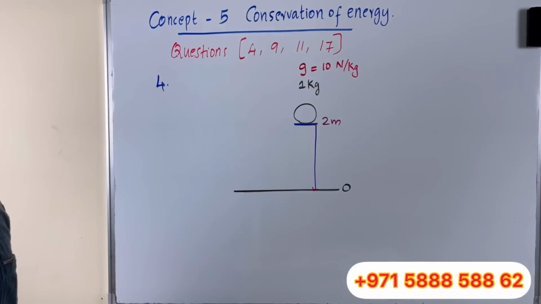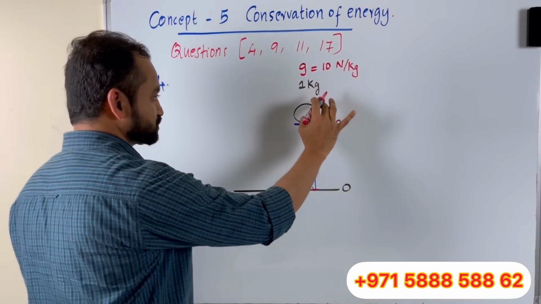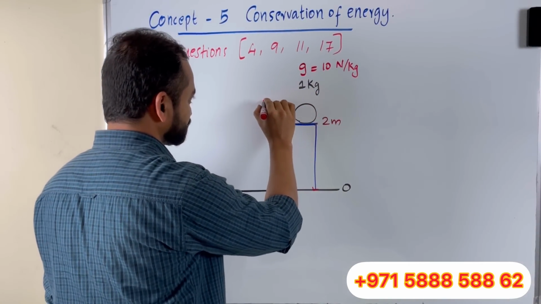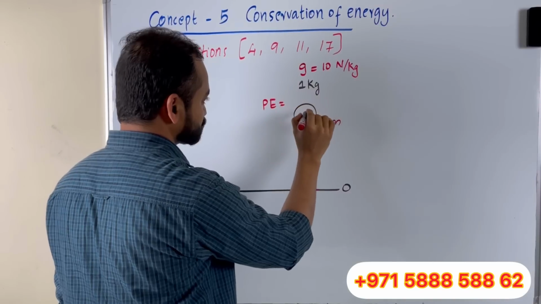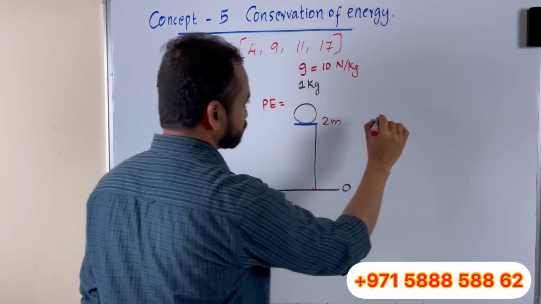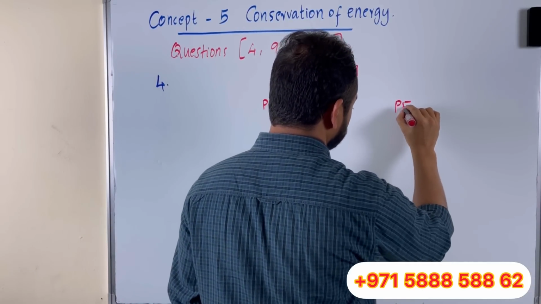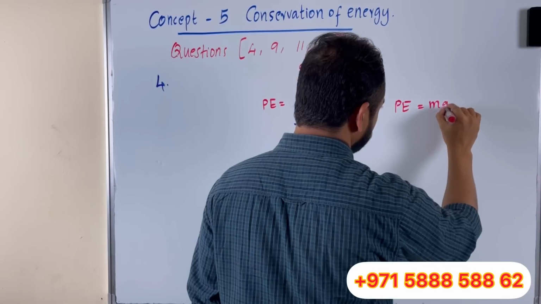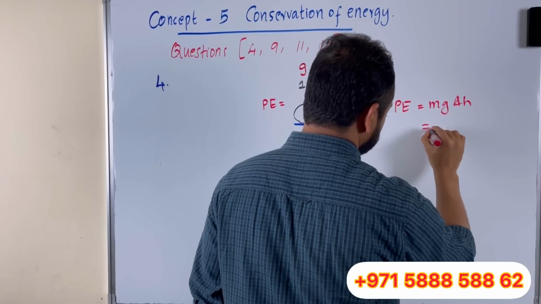So what is the potential energy of this ball at this height? The potential energy is equal to mgh, that is mg multiplied by the change in height, delta h.